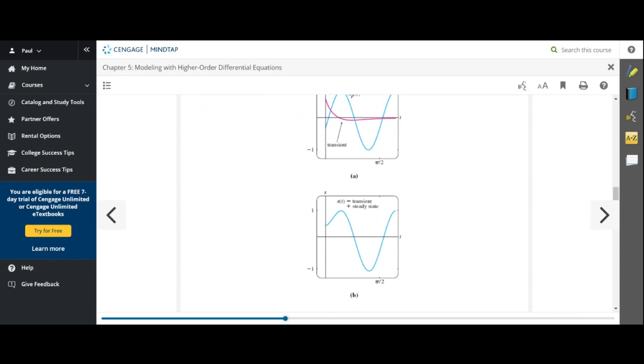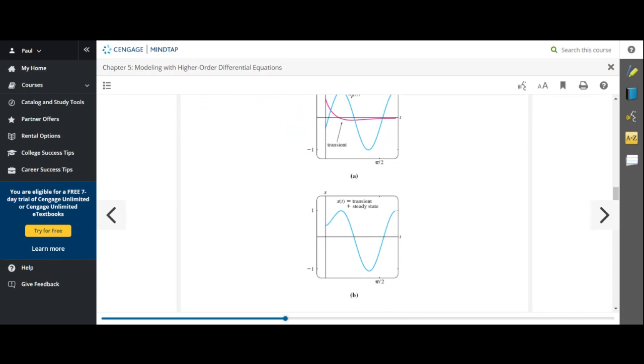So you see in the beginning, why does the graph in this figure start at x equals 1, by the way? Is that where it's released from? That's right. Very good. In the problem, well, I want to be a little careful.